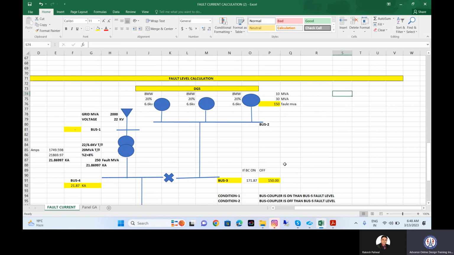So fault MVA is base MVA divided by sub transient reactance. Okay, so base MVA is 10 MVA and sub transient reactance is 20%, that is 0.2. Okay. Yes, sir.